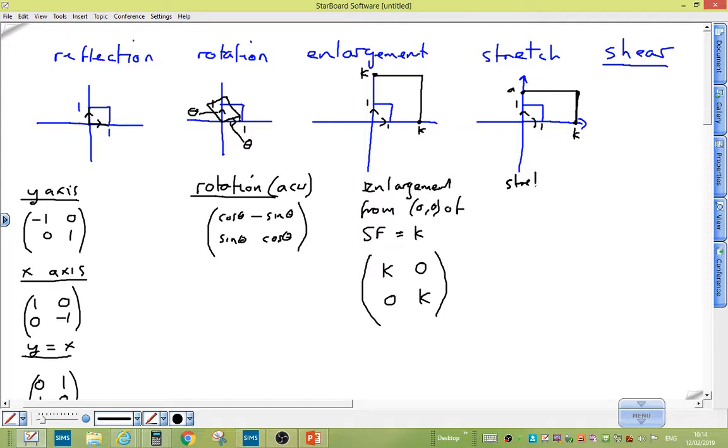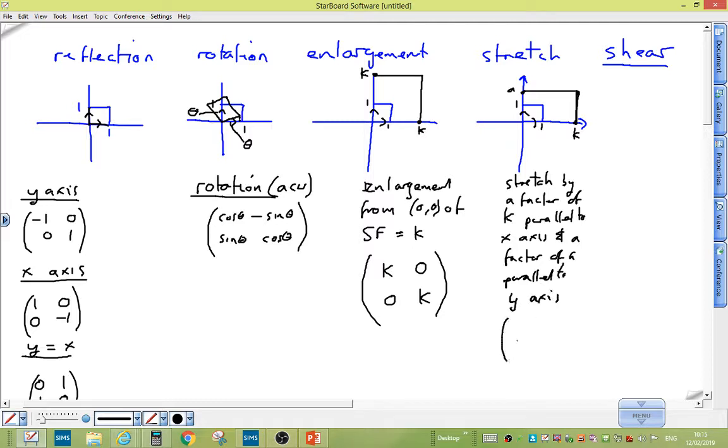It's a stretch by a factor of k parallel to the x-axis and a factor of a parallel to the y-axis, and you will end up with something looking like this: k, 0, 0, a.